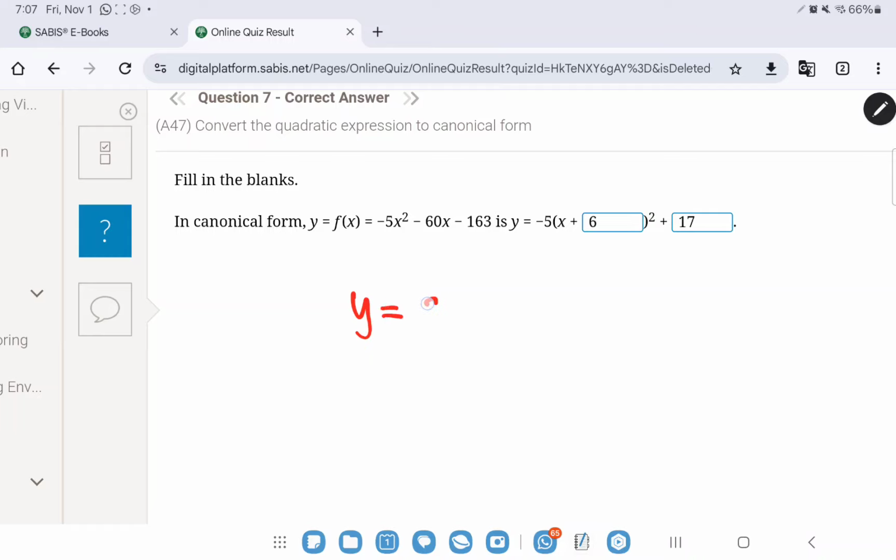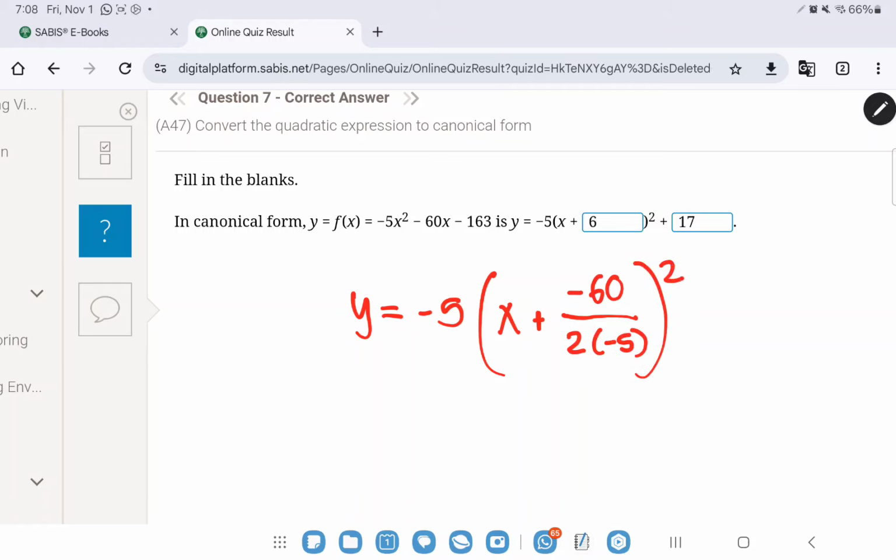Y equals a, which is negative 5, into x minus 60 over 2 times negative 5, squared, plus 4AC, negative 5, and 163, minus 60 squared over 4 times negative 5.